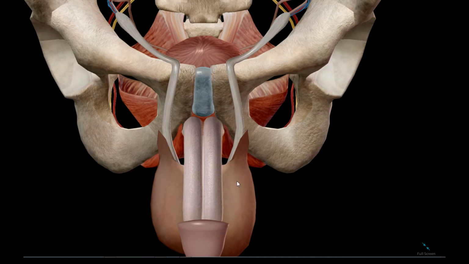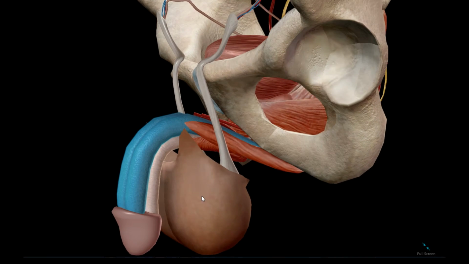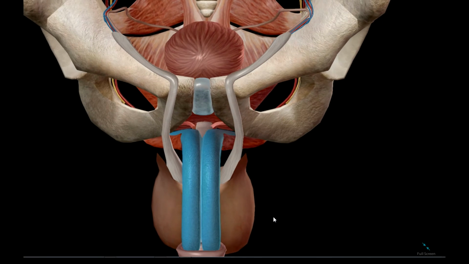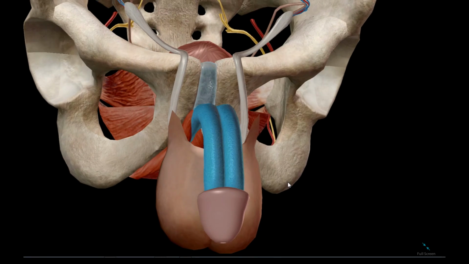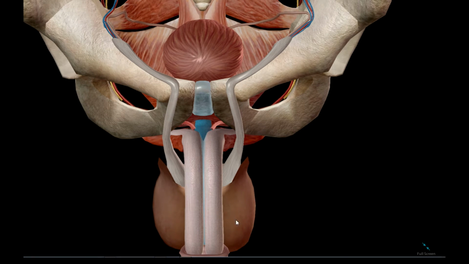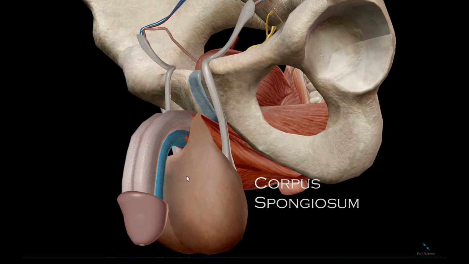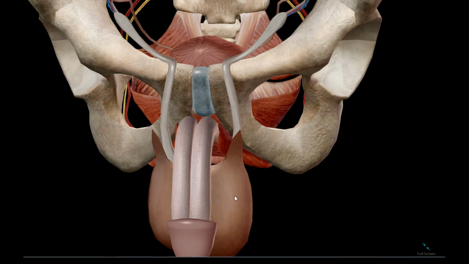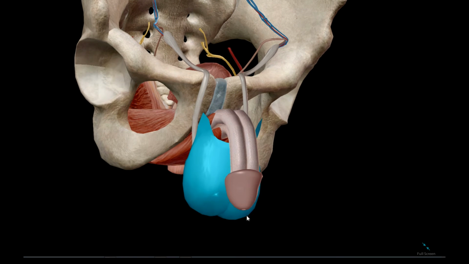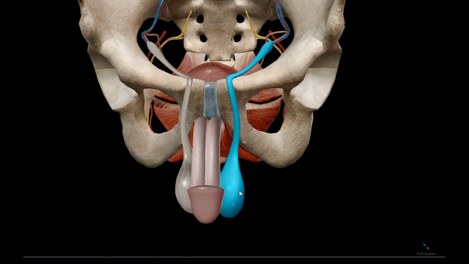The erectile tissue seen here is the corpus cavernosum, and the erectile tissue in the midline is called the corpus spongiosum. This feature is the scrotum containing the testes.